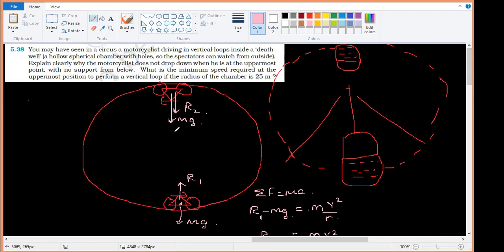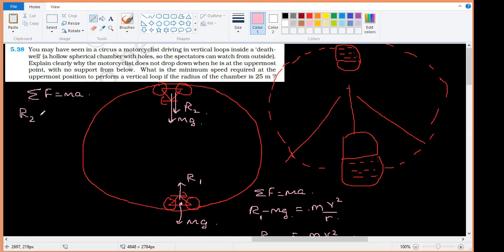So both are acting towards the center. Again the starting point is the same, most important formula in mechanics, sigma F equals ma.